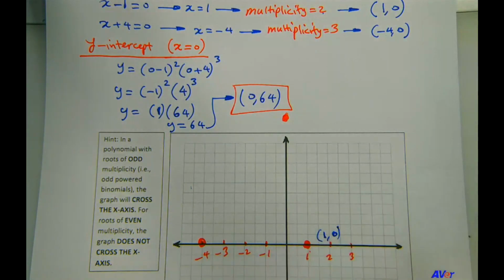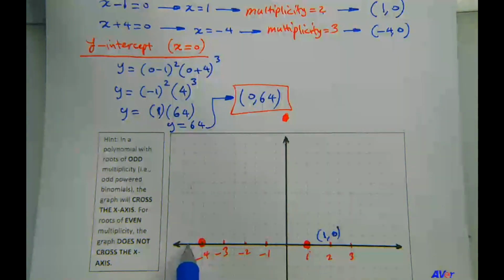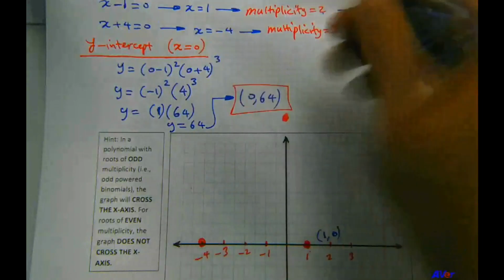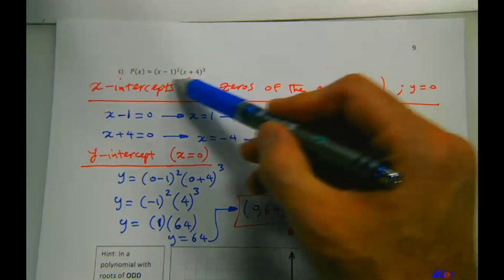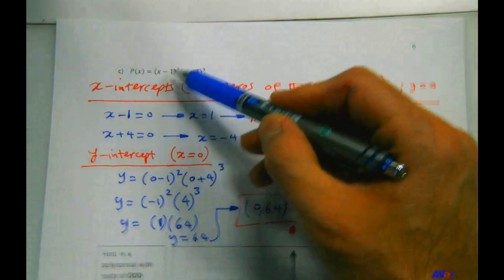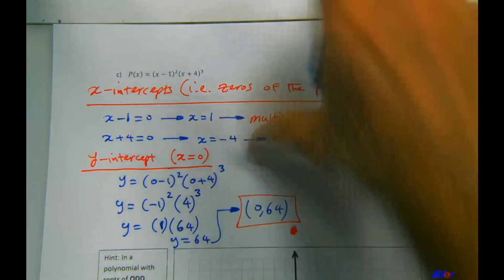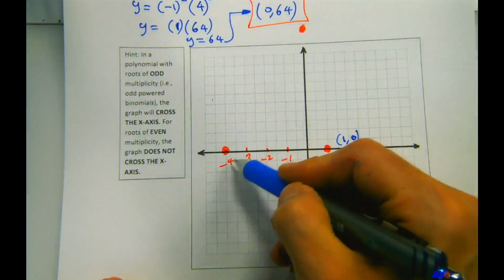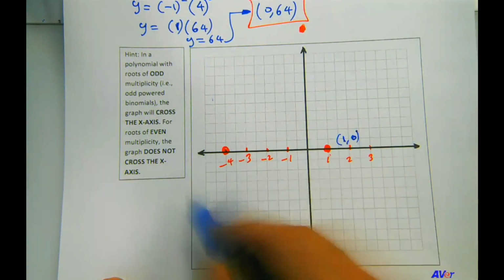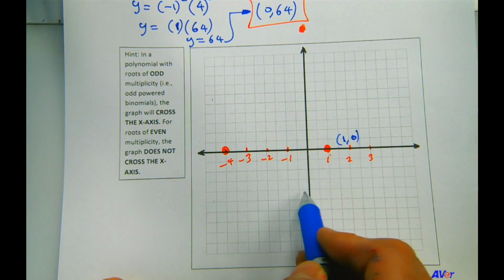So let me pick x equals negative 5. Any point to the left of this would do. So I'm going to evaluate this function at x equals negative 5. If the function is negative, then I know the line is coming from below this point because that's where the y values are negative.